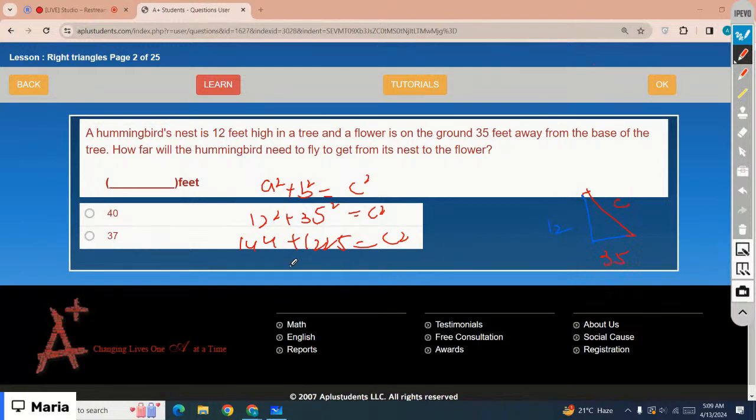That is 1650, and after square root c equals 825, right? The correct option is 825, right?